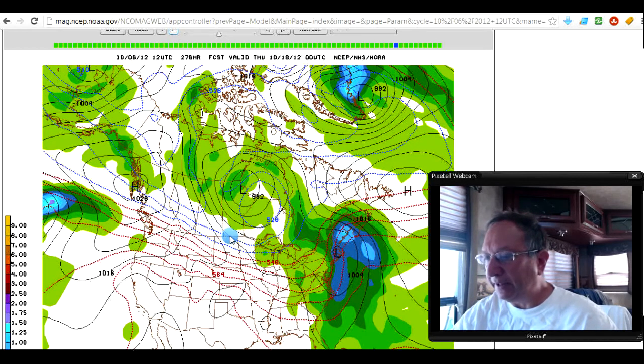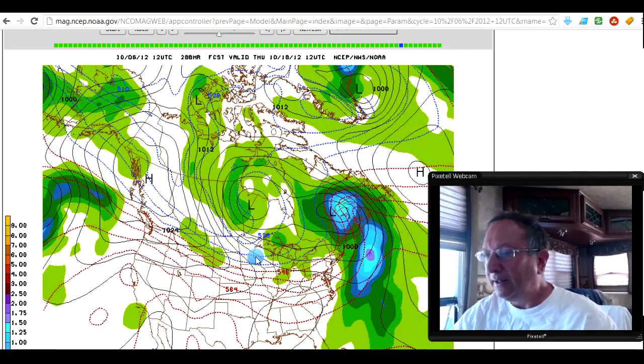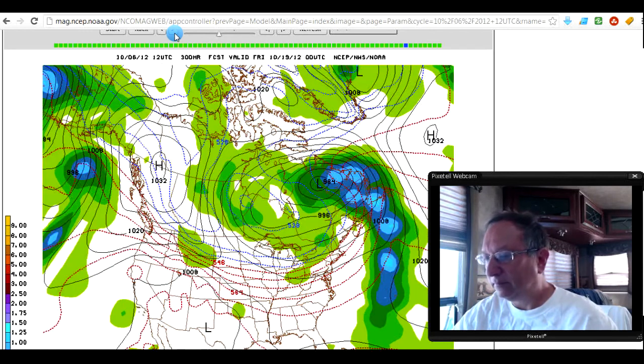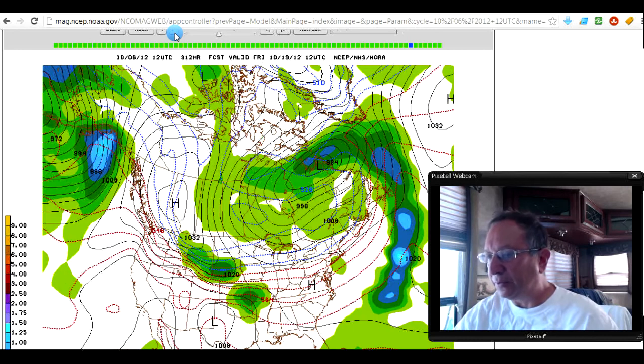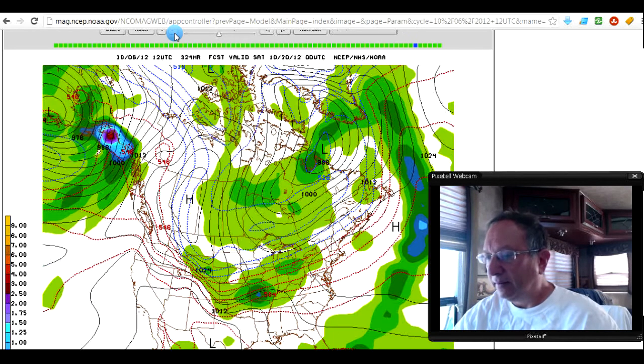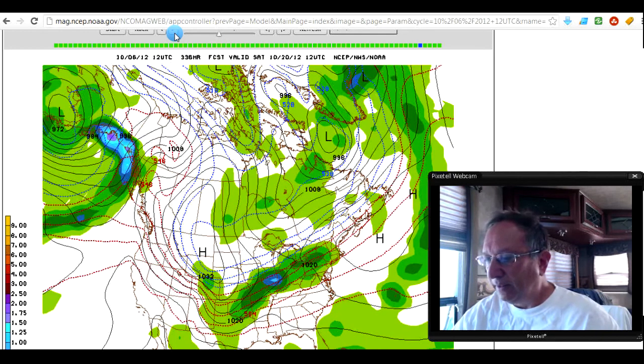Now it looks like we have finally another incursion of cooler air into the U.S., and that's around the 18th. And we're into our last few panels. We're 312 hours in. 324. It looks like we have another polar air mass that is sliding down on the east side of the Rockies.